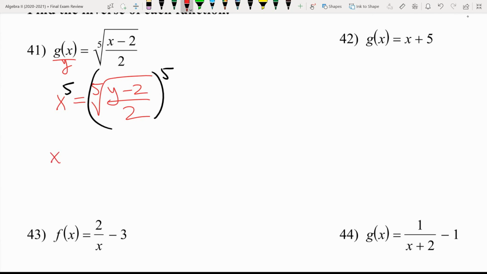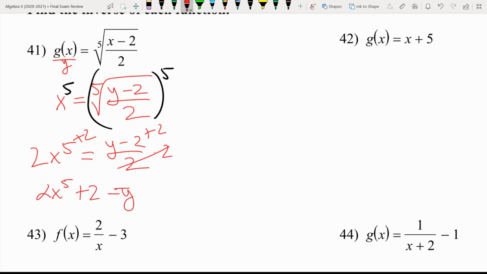So it turns into x to the fifth equals just (y minus 2) over 2. Get rid of the 2 by multiplying both sides by it. And then I'm going to have to add a 2 to both sides, which makes this 2x to the fifth plus 2 equals y, which is our g inverse of x. That guy right there.